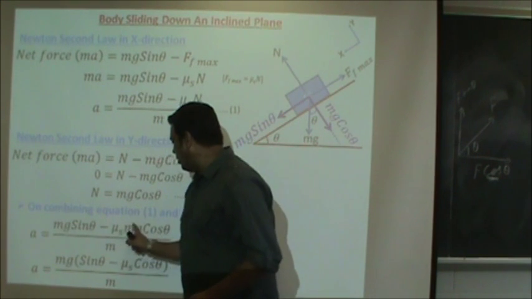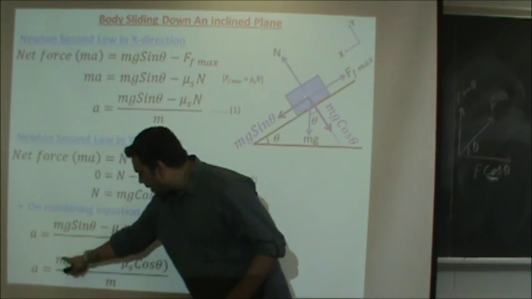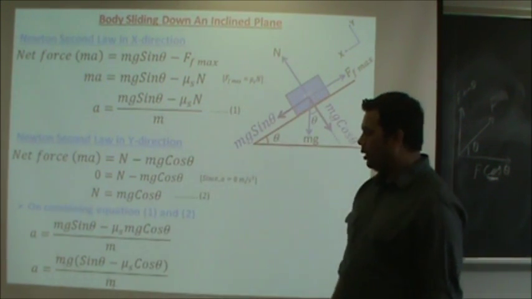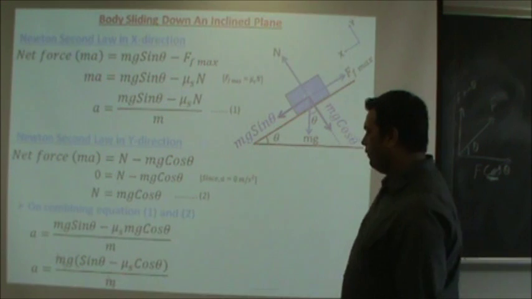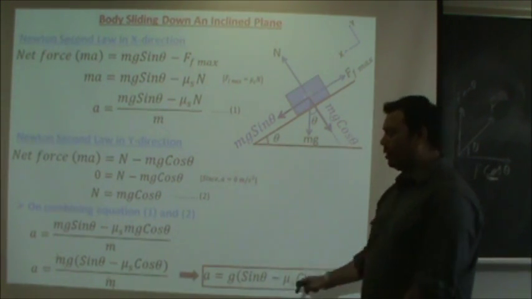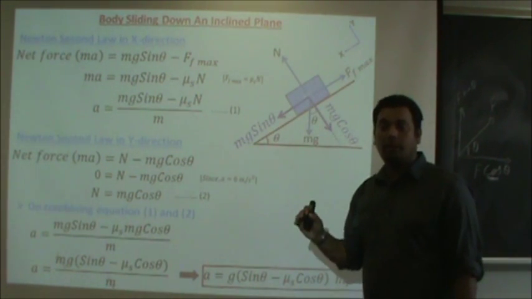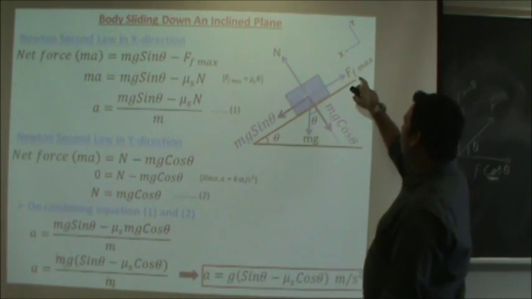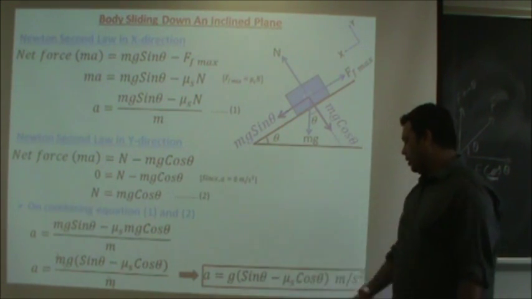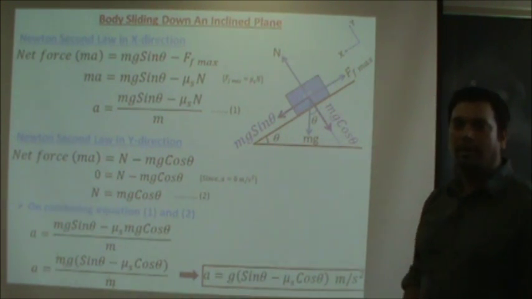So mg is common, so we take this out, and because we have a mass in the numerator and in the denominator, we cancel these two, and finally we are left with the equation of acceleration when this object just begins to slide with the maximum static friction. And this is the final acceleration, which is measured in meter per second square.